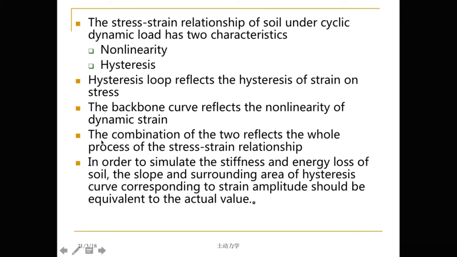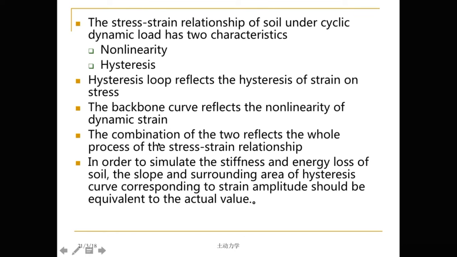At different strain levels, they have different stress responses, or we say at different stress they have a relative strain, and the strain level, the strain status, will affect the slope of the hysteresis loop.